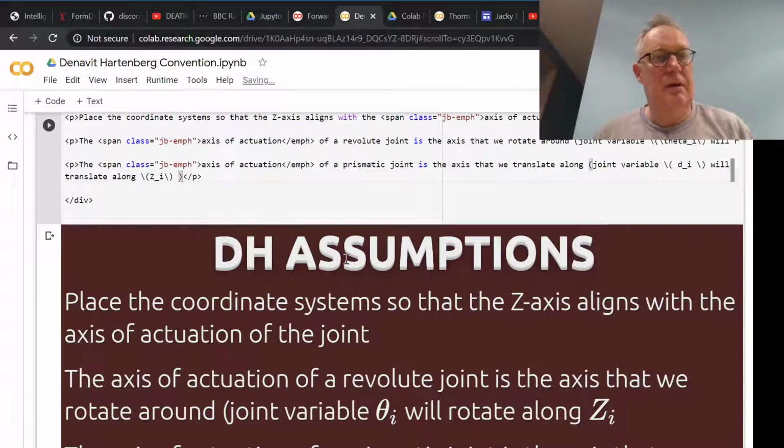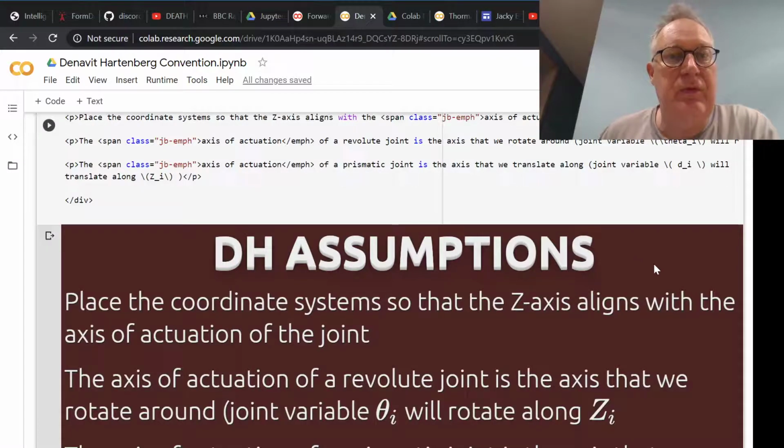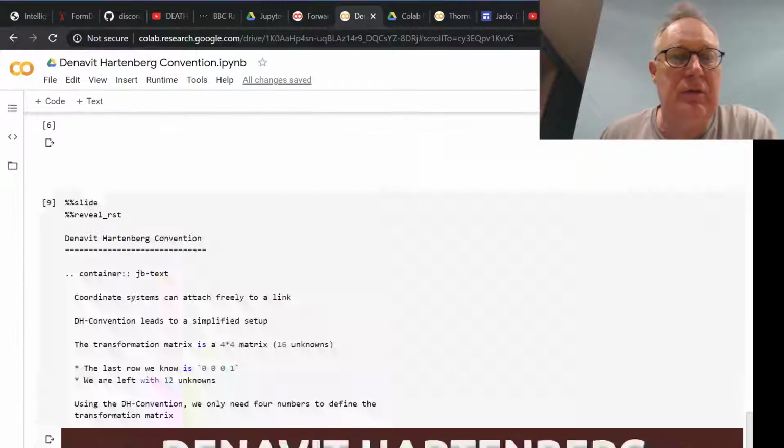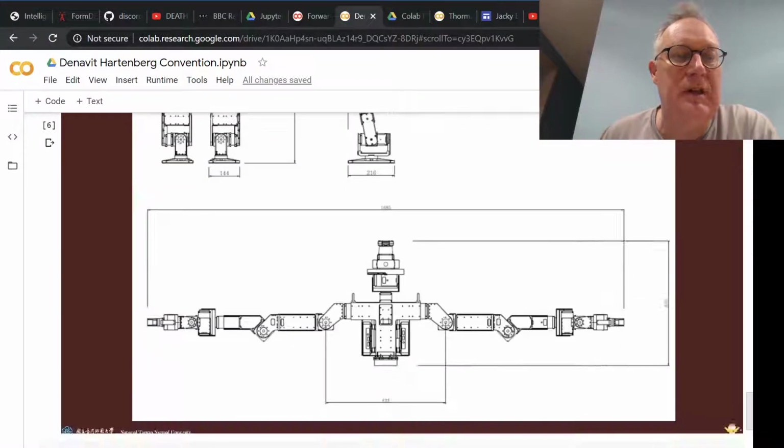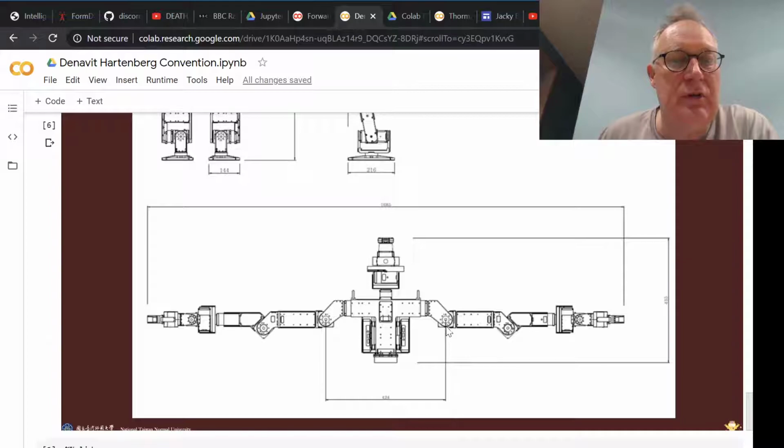However, this assumption is not really detrimental, right? It makes sense. If you didn't know about Denavit-Hartenberg, you would probably align the coordinate systems so that they coincide with the motors, right? That makes sense. So in this case, we do the same thing. We just formalize it and specify that we do that for all the joints.